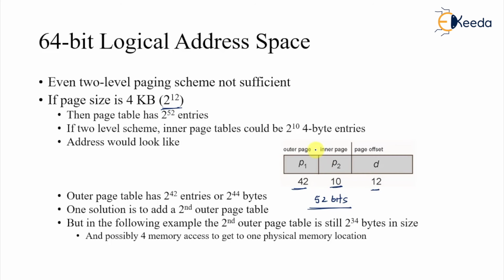The inner page table would have 2 to the power 10 entries of 4 bytes. The outer page table will have 2 to the power 42 entries, and if each entry is 4 bytes, then it will be 2 to the power 44 bytes.